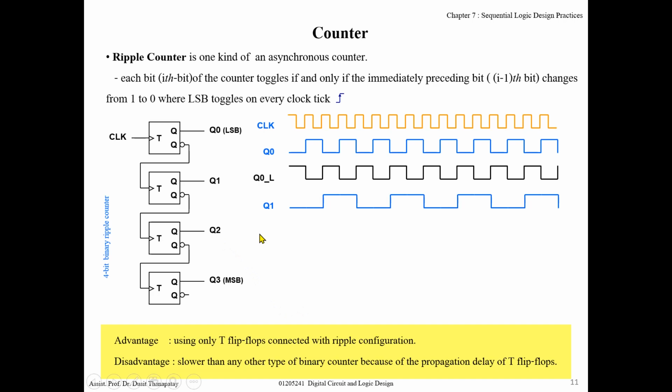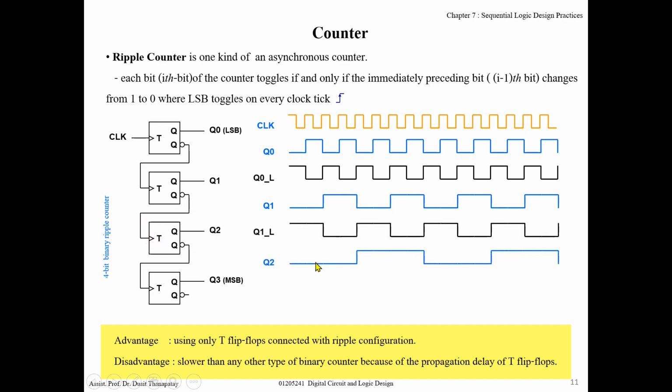For Q2 also, it toggles when Q1 changes from high to low. So when you use this active low output, it becomes a positive edge here. Now Q2: when Q1 changes from high to low, because we use the inverse of Q1 as the clock tick for this flip-flop.